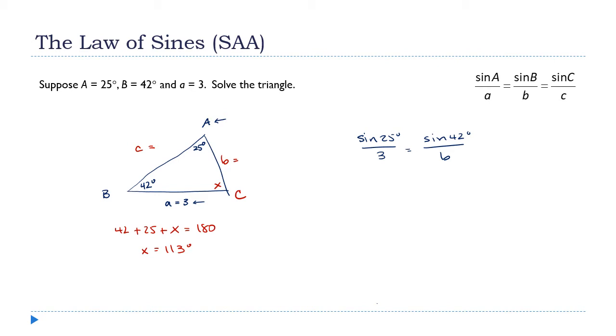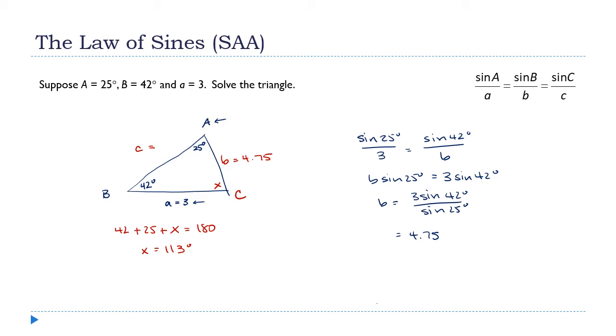Let's cross multiply. B sine 25 equals 3 sine 42. Divide by sine 25. B equals 3 sine 42 divided by sine 25. And my calculator tells me this is 4.75. And so there is B.